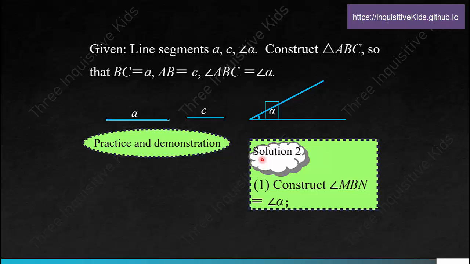So first we can construct angle MBN equal to angle alpha. How do we do that? First we mark the point B, and then there's a straight ray. And then at the end of it we mark BM. So this is going to be our first line segment, BM.